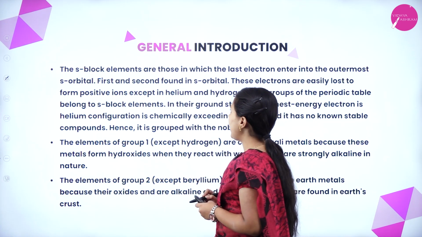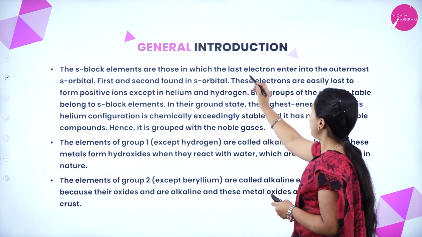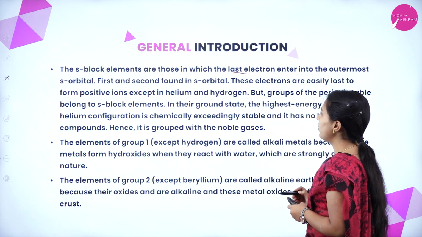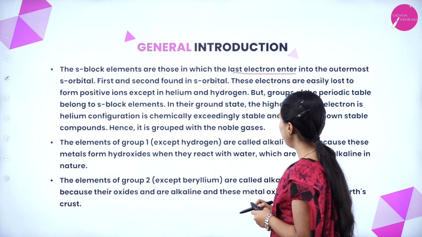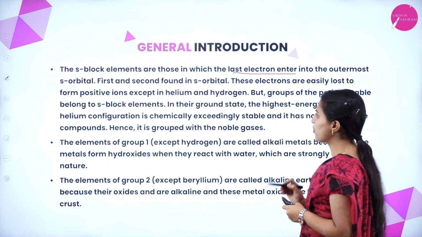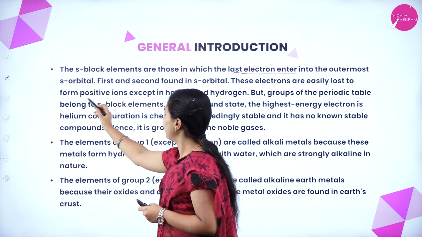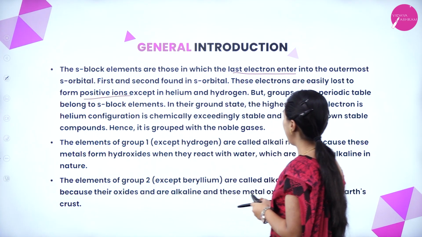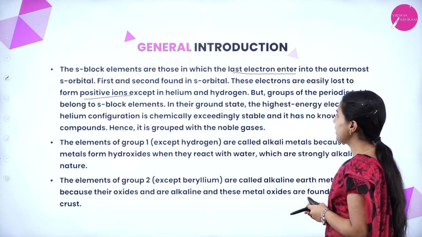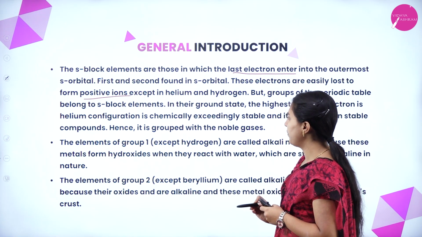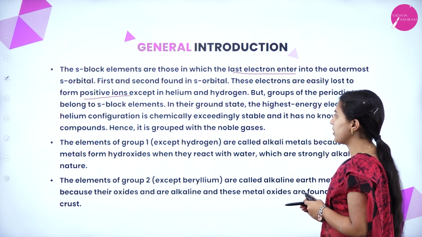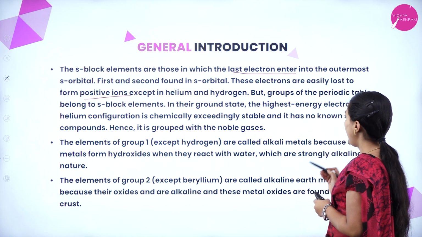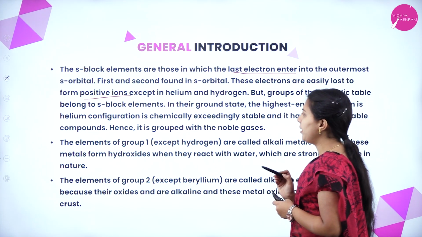The S block elements are those in which the last electron enters the outermost S orbital, the first and second groups. These electrons are easily lost to form positive ions, except helium and hydrogen. In their ground state, the helium configuration is chemically exceedingly stable and it has no known stable compounds.